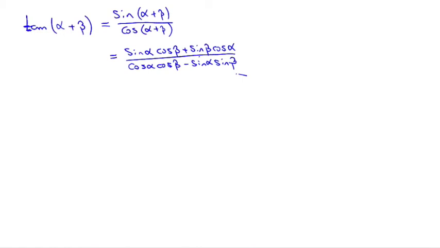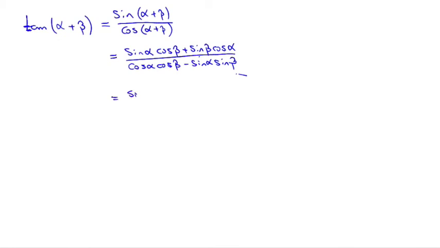Now here's the trick. I want this in terms of tangent, not in terms of sines and cosines. It's perfectly fine the way it is, it's just too much. So is there any way I can create a tangent out of all this mess? Remember what tangent's equal to? Sine over cosine. The problem is there's a plus and a minus in the top and the bottom, so I'm going to have to divide everything by something.